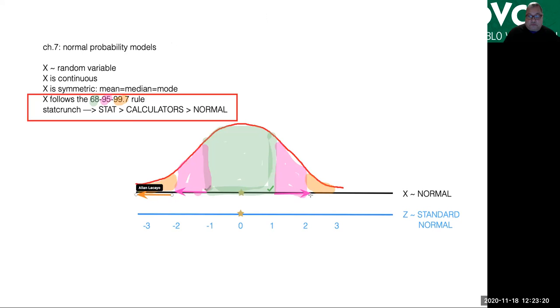Okay, so that is our storyline for the normal model, where we have 3 different ranges.